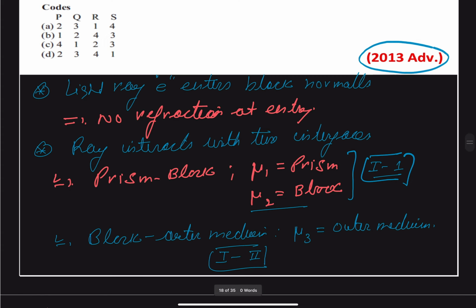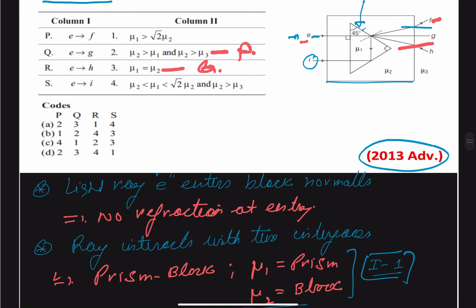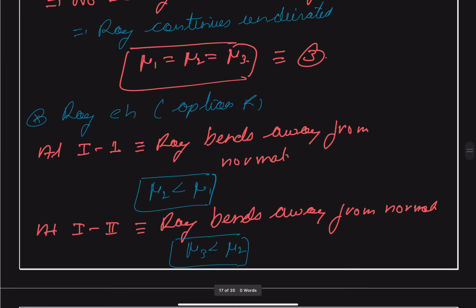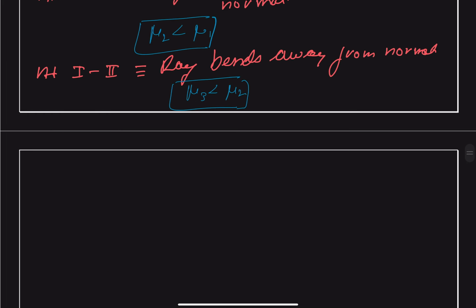And we can also find out another option for total internal reflection. That will sort it out more. So, no total internal reflection. So from here we can say that mu1 sine of 45 is less than mu2 sine of 90.